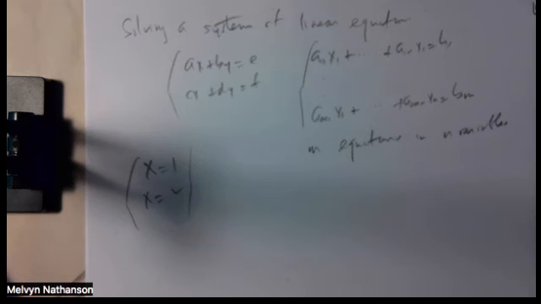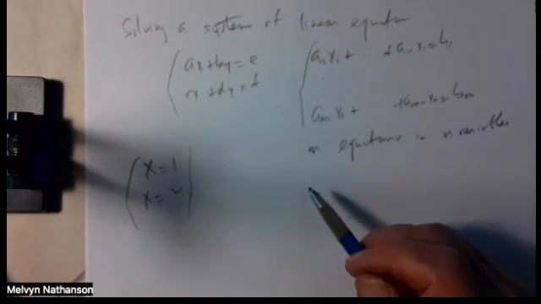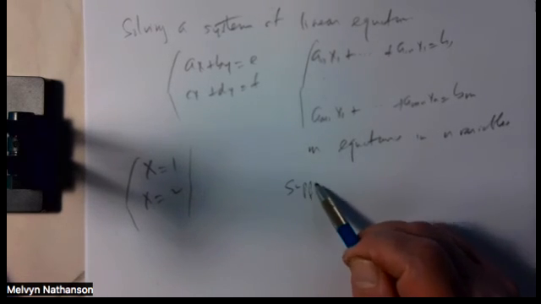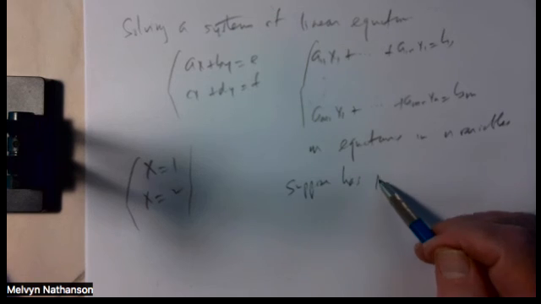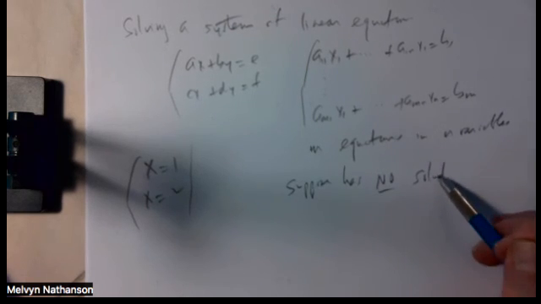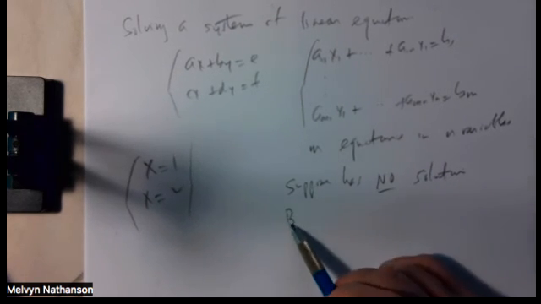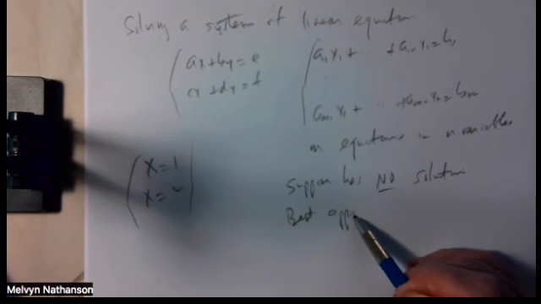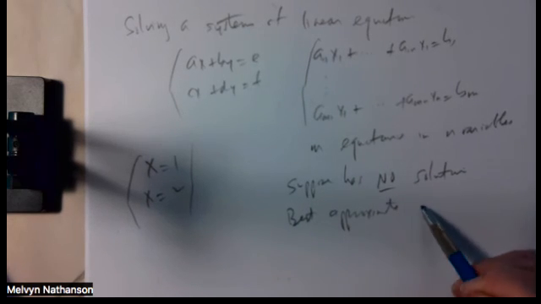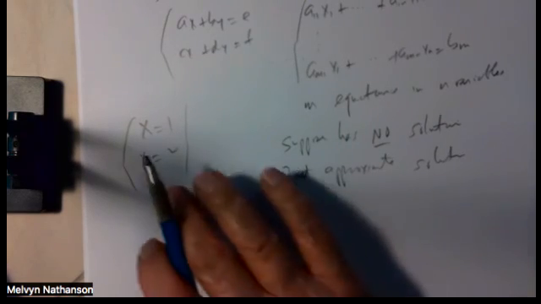But in a case when you have a system of equations that has no solution, you might ask for the best approximate solution. So what that would mean is the following.